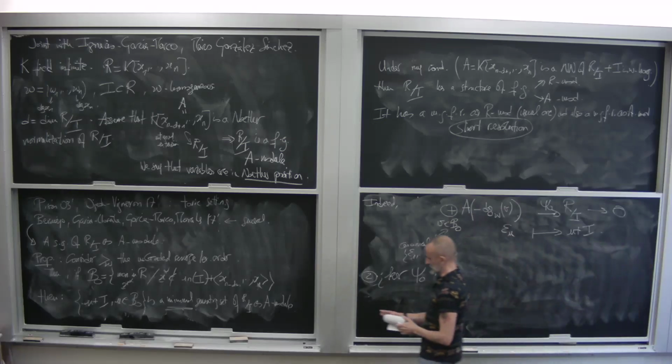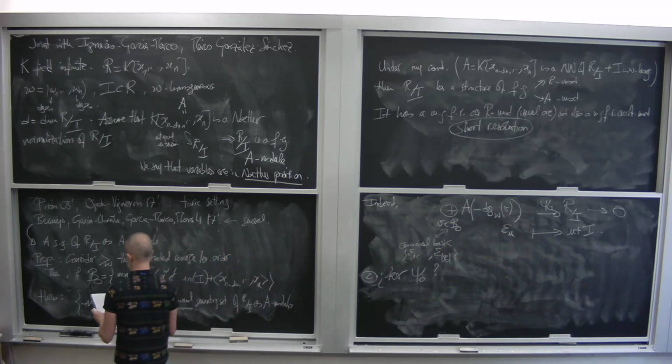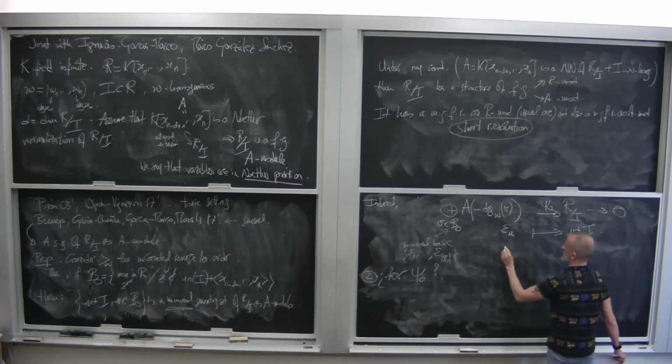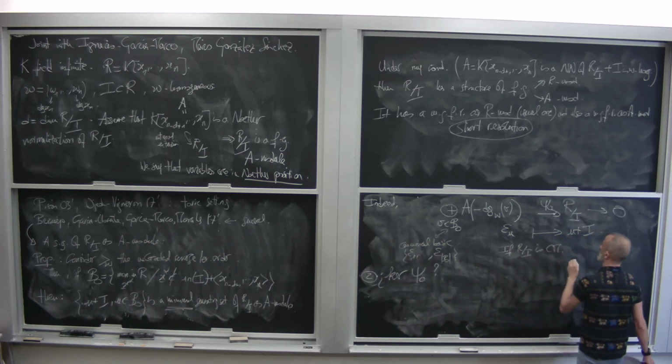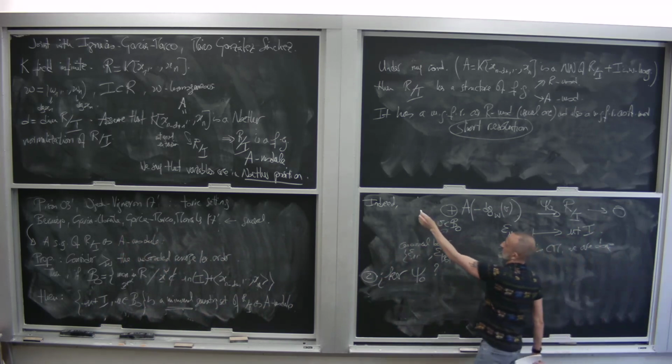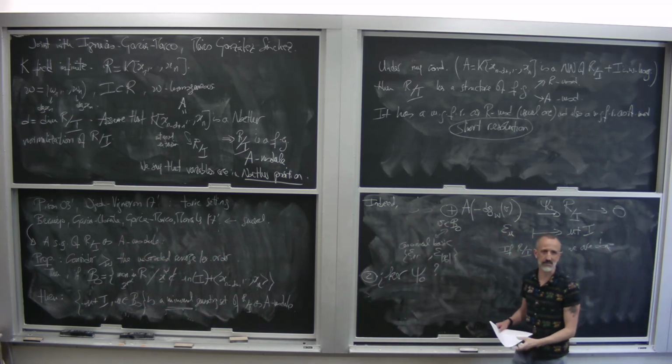So the way to describe this, as we said before, if R over I is Cohen-Macaulay, we are done. Then this is free, and this ends here.